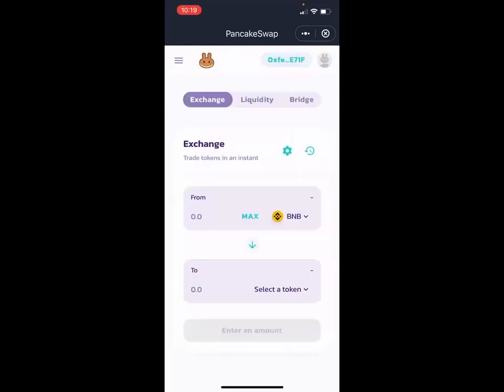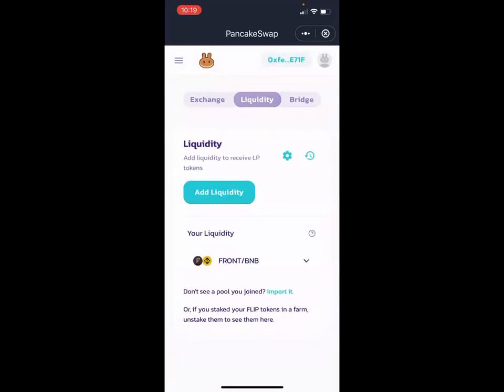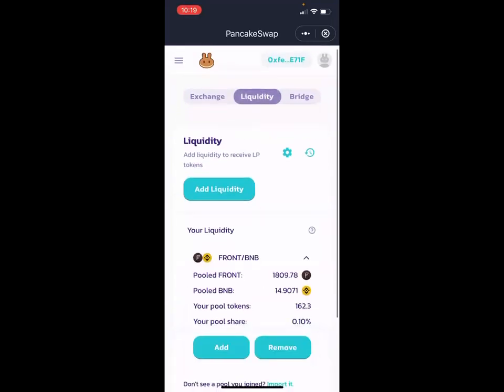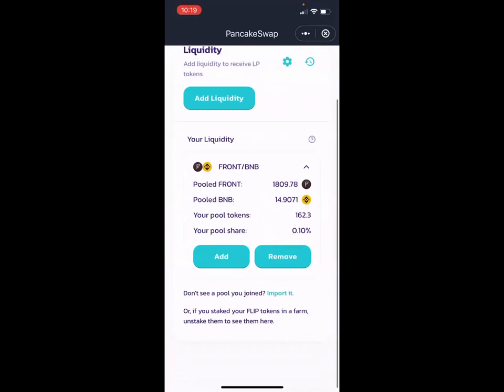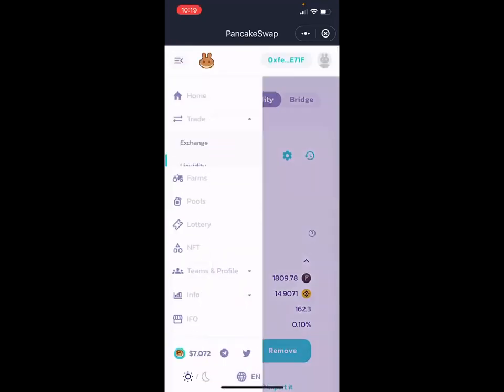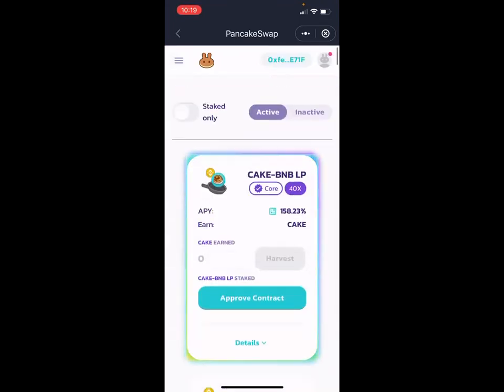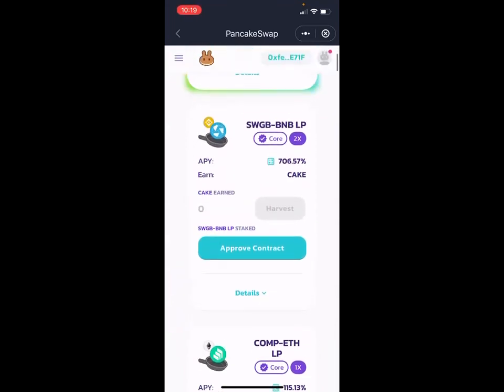So we'll go to liquidity, right? You see the liquidity that we have, your pool tokens. Let's go to farms. I'll show you how to add the contract later. It'll be a little bit easier on my computer.